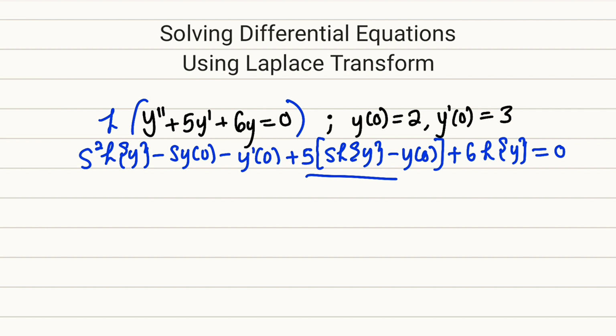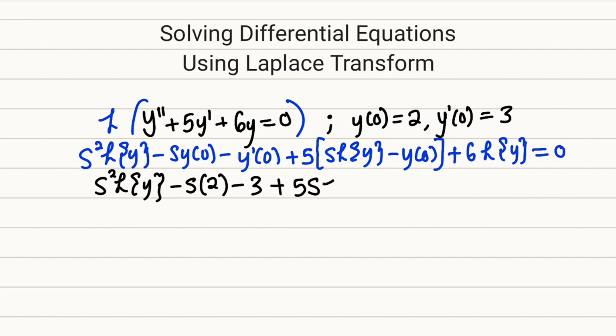Okay, let me expand this bracket here. We have s squared multiplied by the Laplace transform of y, minus s multiplied by y of 0, which is equal to 2 from here, minus y prime of 0, which is the same thing as 3, plus 5 multiplied by s multiplied by the Laplace transform of y, minus again 5 multiplied by y of 0, but y of 0 is equal to 2.